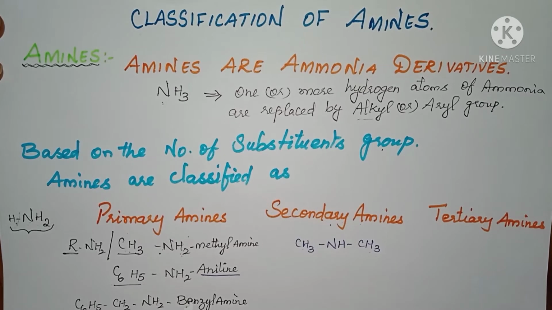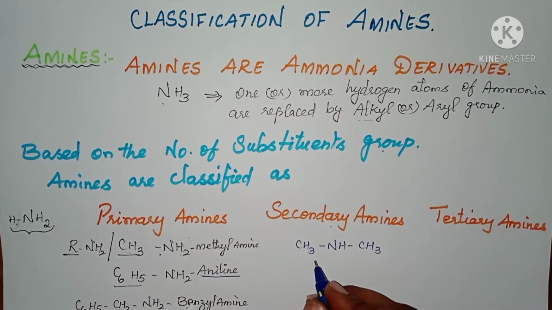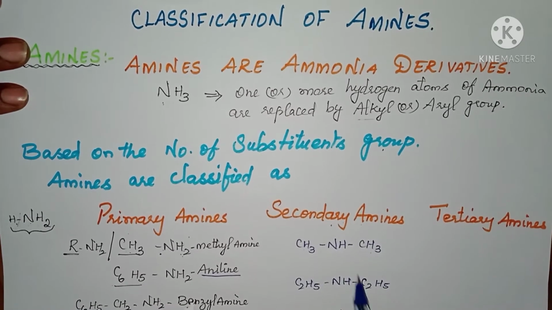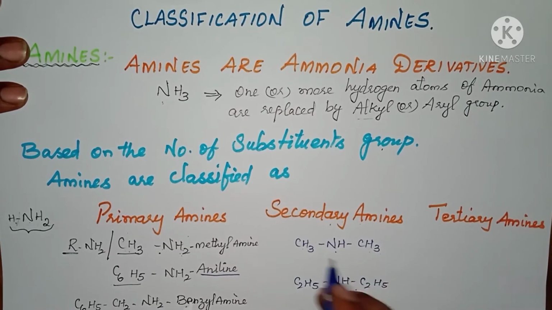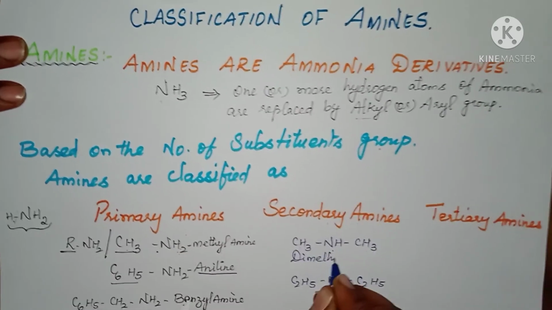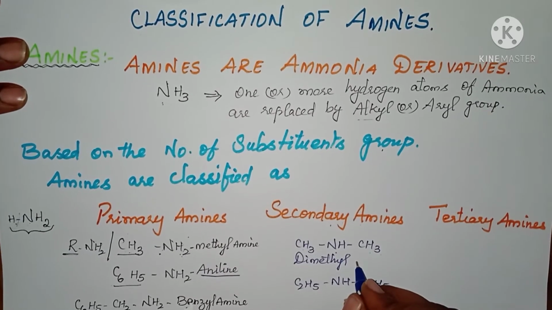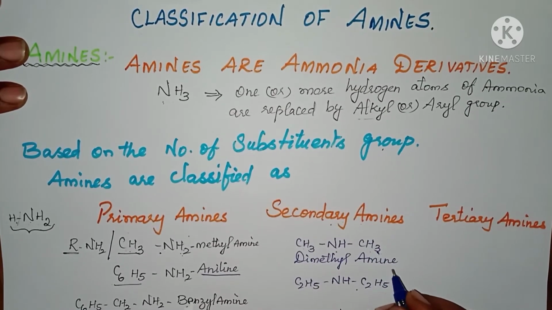Like that you have learnt in primary secondary formula, no? See, this is the way it may combine. NH, with CH3 on both sides, it is called dimethyl amine. Naturally it is called secondary amine because both sides are occupied by methyl groups.